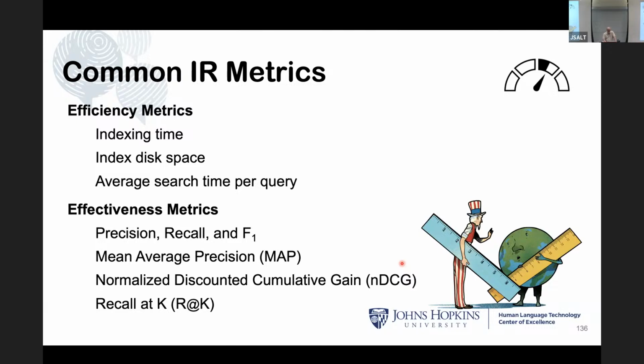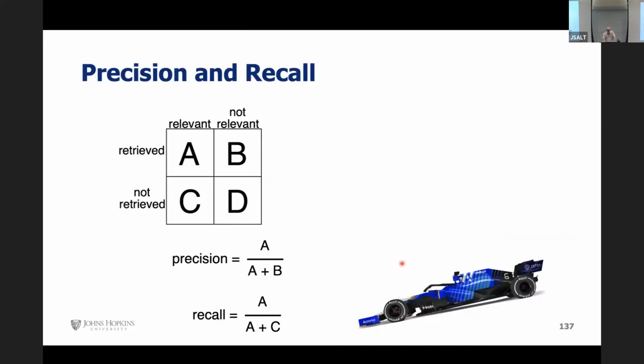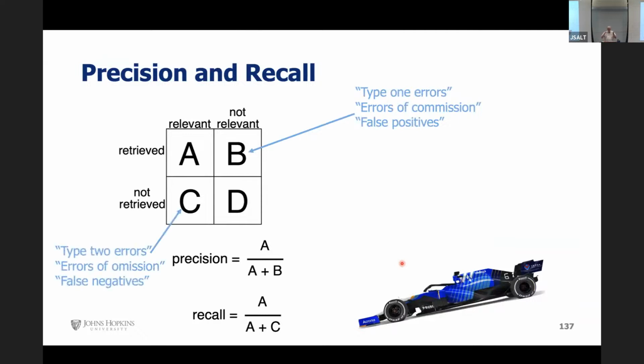There are many, many effectiveness measures, and we're going to go over probably the 4 most commonly used ones. Precision and recall. Precision is, for the documents you retrieved, what percentage of them are relevant?